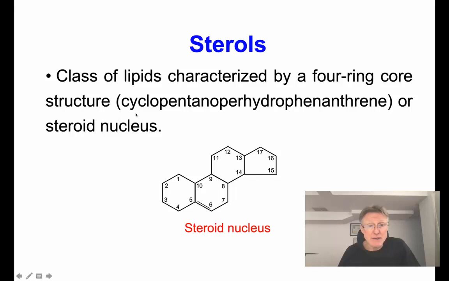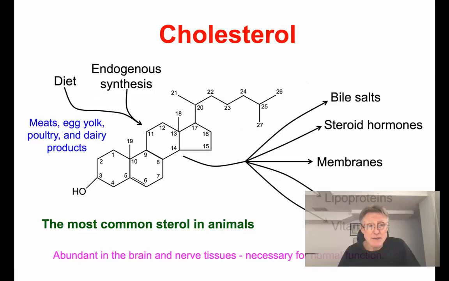So the steroid nucleus is this diagram down here. So you have 1, 2, 3, 4. See, you have 4 rings that form the core structure that we call steroid nucleus. So from this basic steroid nucleus, we can form the most important molecule of the sterol family, which is cholesterol.